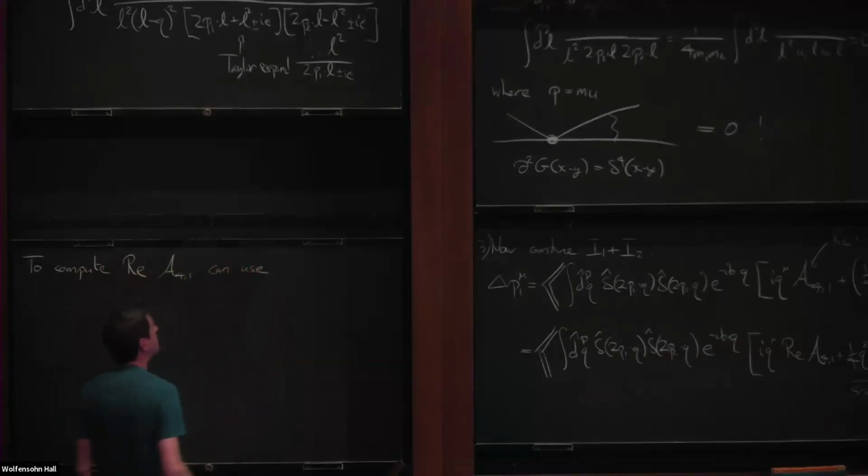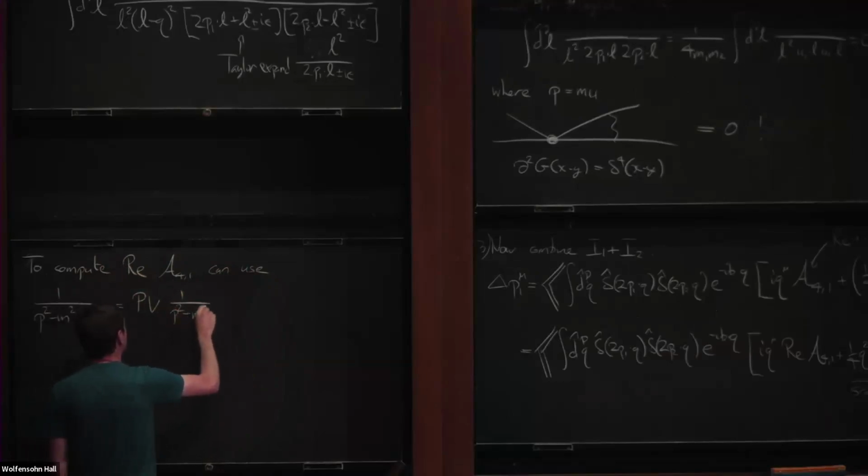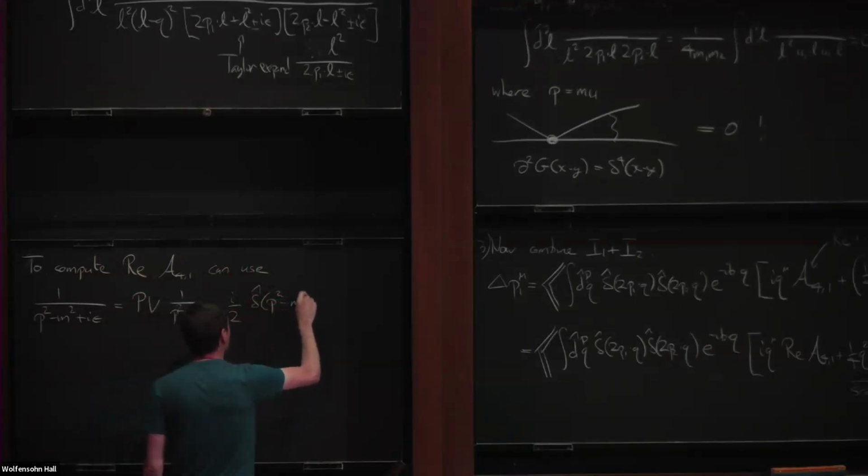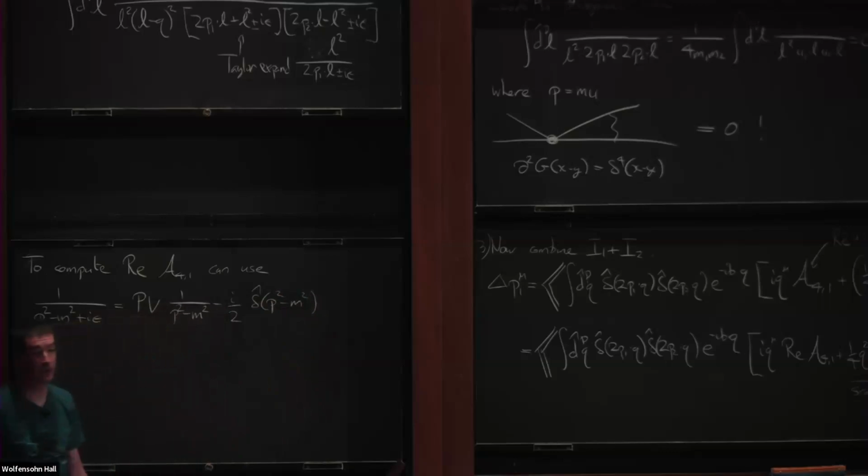So one thing you can do is to use the fact that we can write propagators in terms of principal values minus there's an I over 2 delta with the hat p squared minus m squared.